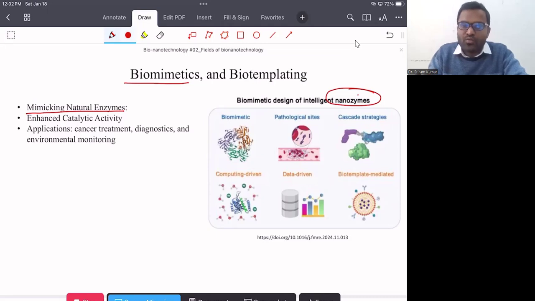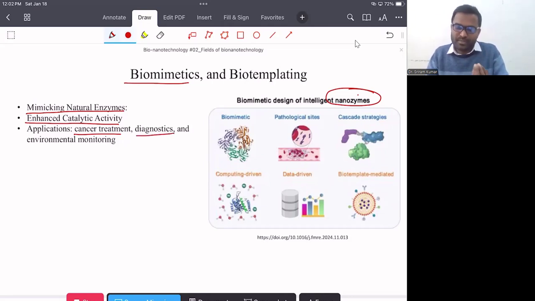Now you may ask, why do we need to design an artificial enzyme? Well, the natural enzyme has low catalytic activity. If you want to improve the catalytic activity, we can manipulate the active site of that enzyme, and then we can improve the overall activity of the artificial enzyme. This has a huge application in cancer treatment, and it can also be used in diagnostic applications.